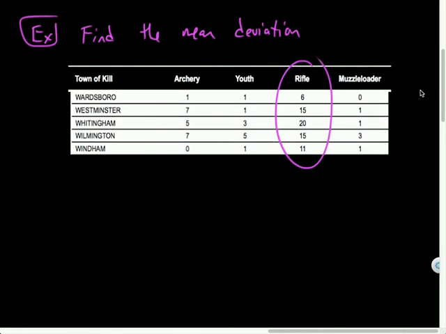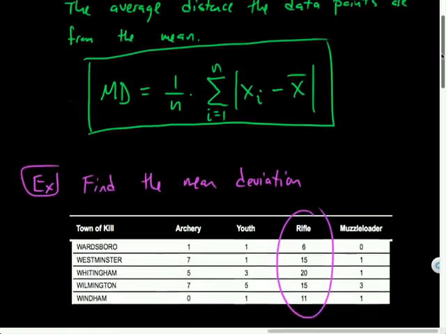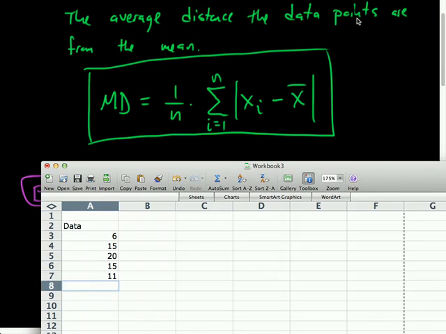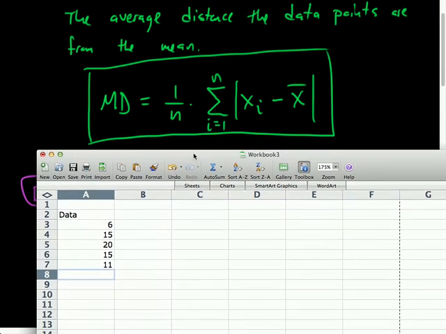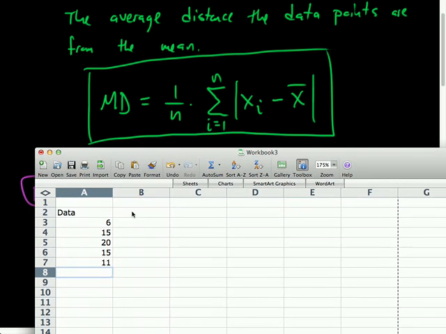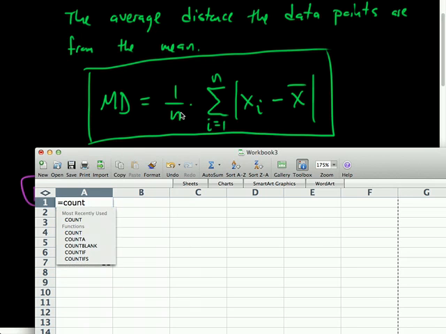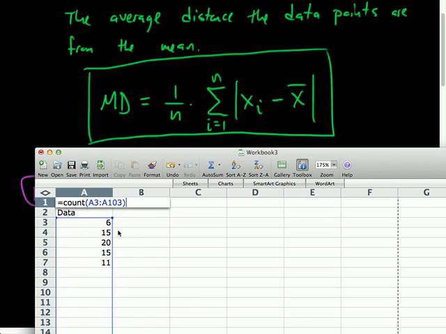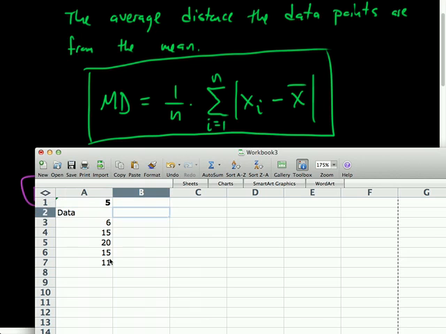And actually, let's scroll up here to look at the formula as well. So in Excel, first of all, I will need to know how many data points I have, because that's what n is. So I'm going to do equals COUNT, and I'm going to count everything from A3 to, let's say, A103. That allows me to have up to 100 values. There's my n right there, that's 5.